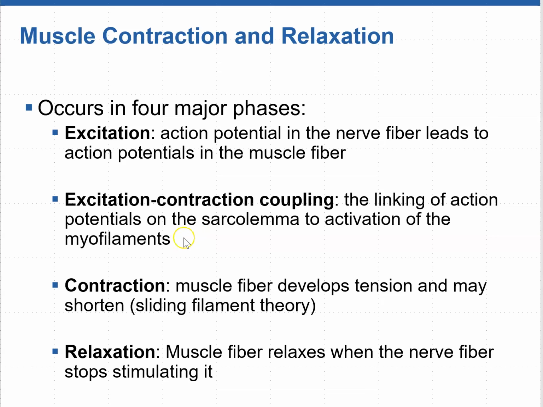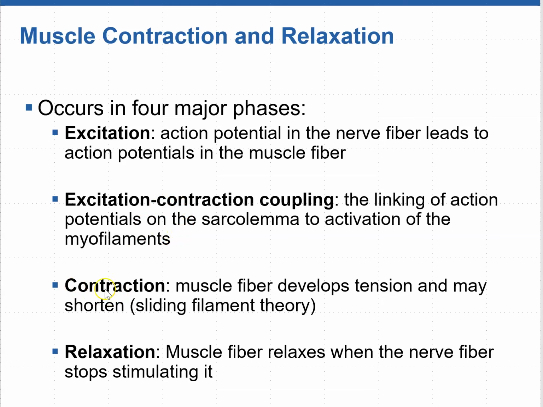Now, keep in mind the muscle is full of proteins, and these proteins have active sites. And when something needs to be activated, it usually involves a change in the structure of the protein molecule.